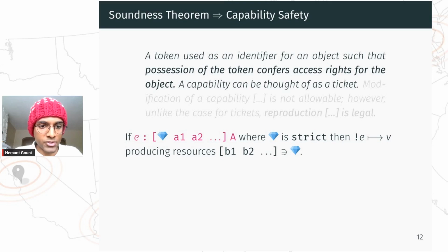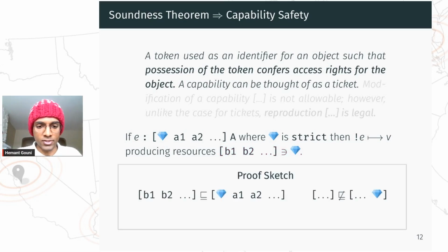So if I have a well-typed program under some resources A1, A2, including a diamond, where diamond is strict, then if I push that program all the way down to a value, I evaluate it, then it produces dynamically these resources B1, B2, where the dynamically produced resources include a diamond somewhere within them. And the reason for this is pretty simple.